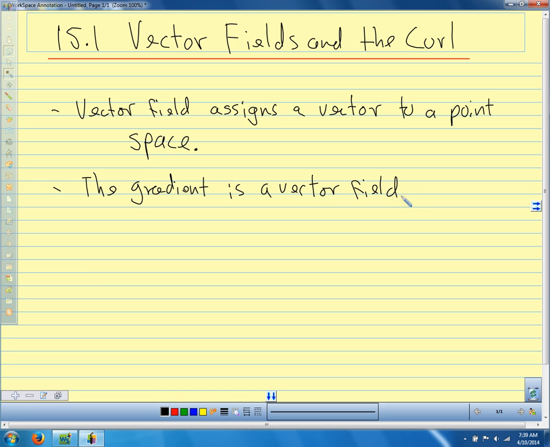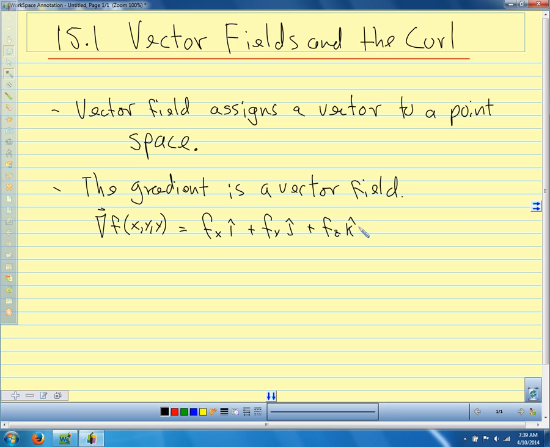We will use the gradient a lot in chapter 15. So we have del of f of x, y, z. F of x, y, z is just a scalar. But this is a scalar assigned to a point in space, and we get our gradient, just as a reminder: partial derivative with respect to x, i hat, plus partial y, j hat, plus partial z, k hat.